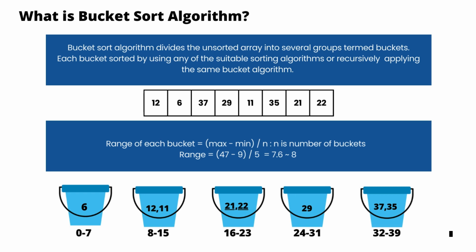Followed by that, 11 and 12 will be stored in the second bucket. Followed by that, we have 21 and 22 stored in the third bucket. Followed by that, we have 29 in the fourth bucket. And finally, the last two elements, which are 37 and 35, stored in the last bucket.